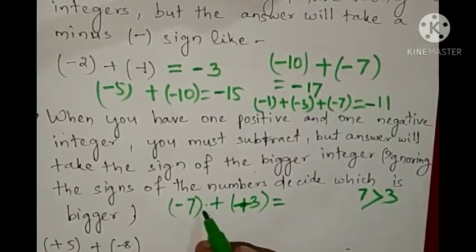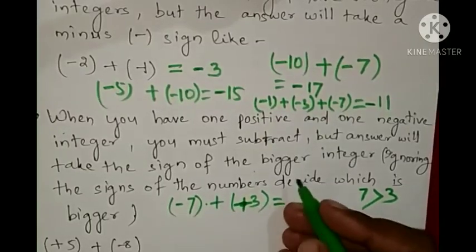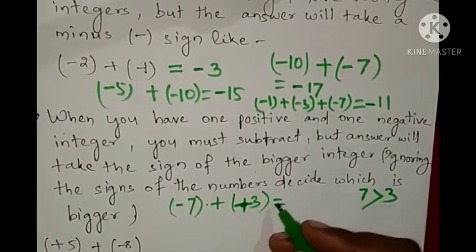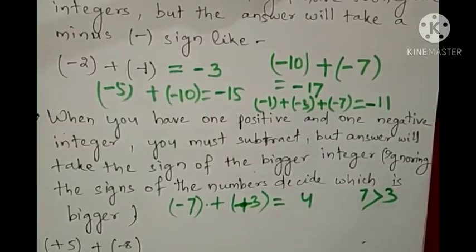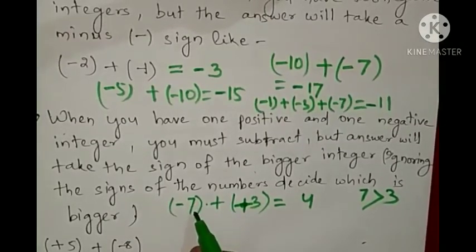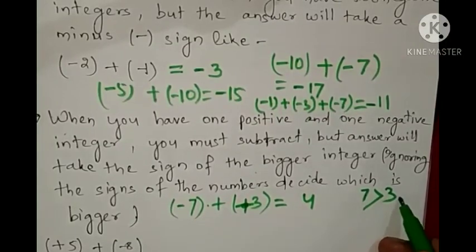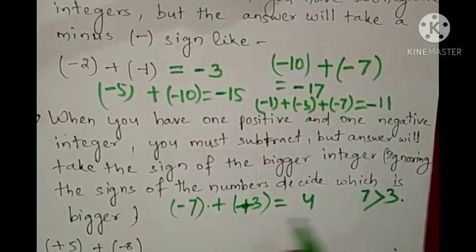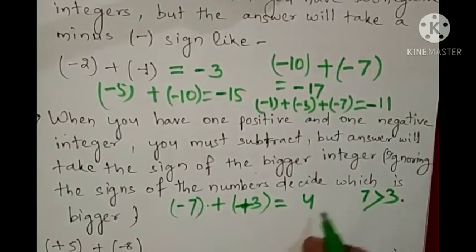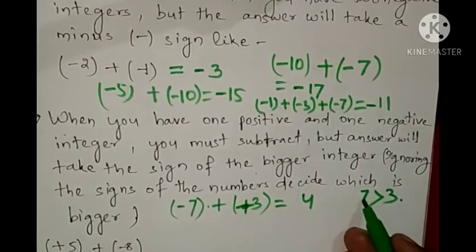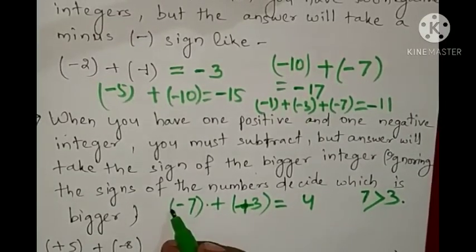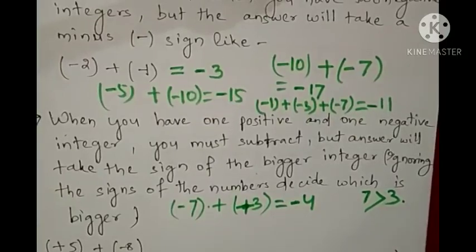First subtract 7 minus 3, which equals 4. You subtract the smaller number from the bigger number. Then you put the sign of the bigger number, which is minus.